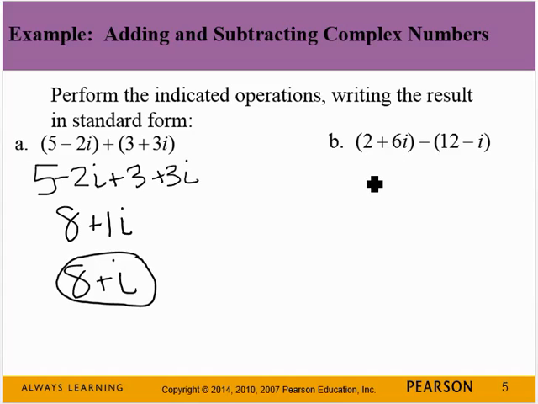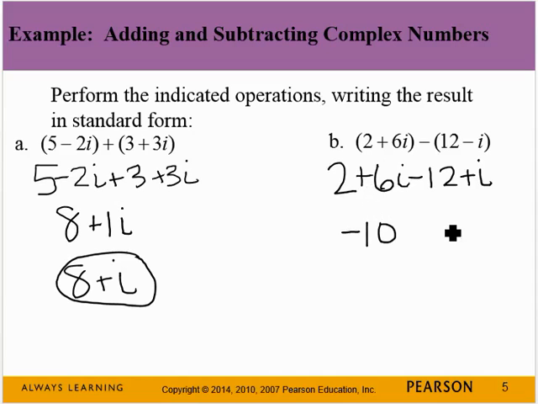So if we look at problem B, you're going to take them out of their parentheses. Remember, when you have the negative out here, you need to switch the signs inside your parentheses. So you have 2 minus 12, which gives you -10.